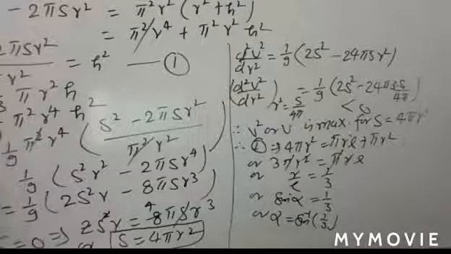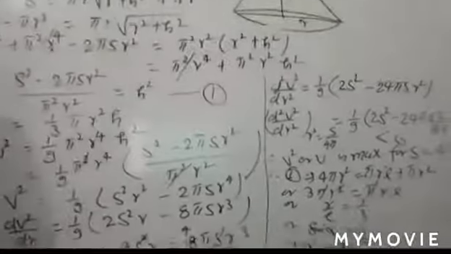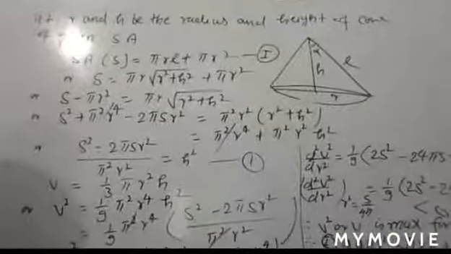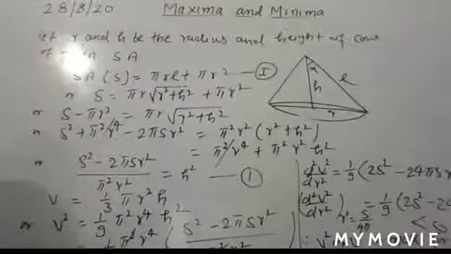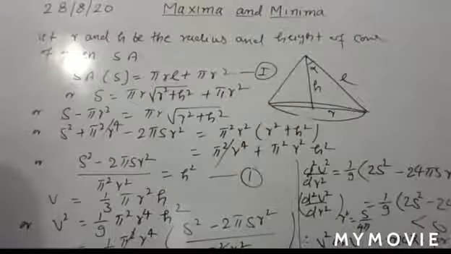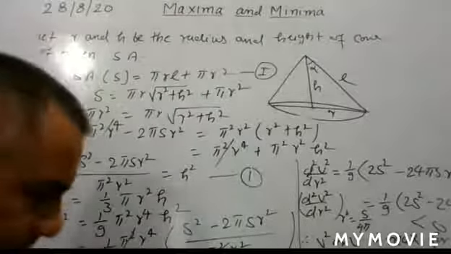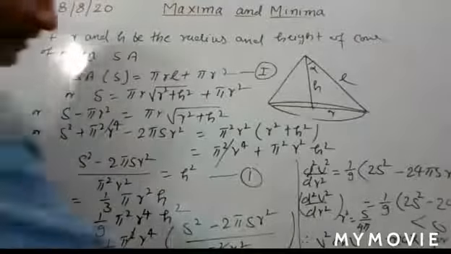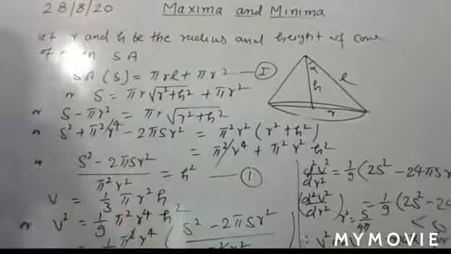So that is your question. It means a cone is inscribed in a sphere of radius capital R, and you have to prove that the maximum volume of the cone is equal to 8 upon 27 times the volume of the sphere.